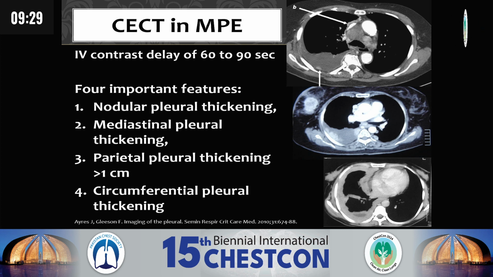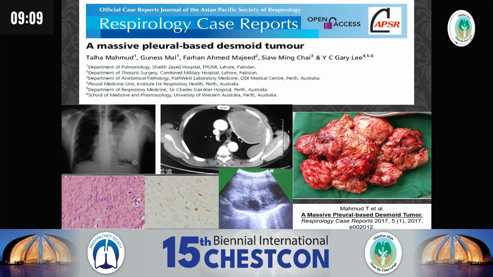So the presence of nodular pleural thickening, mediastinal involvement, pleural thickening greater than 1 centimeter, and circumferential pleural thickening are very important, and they have a very high sensitivity and specificity for malignant pleural disease. But sometimes you have a pleural disease which may show you an atypical histology.